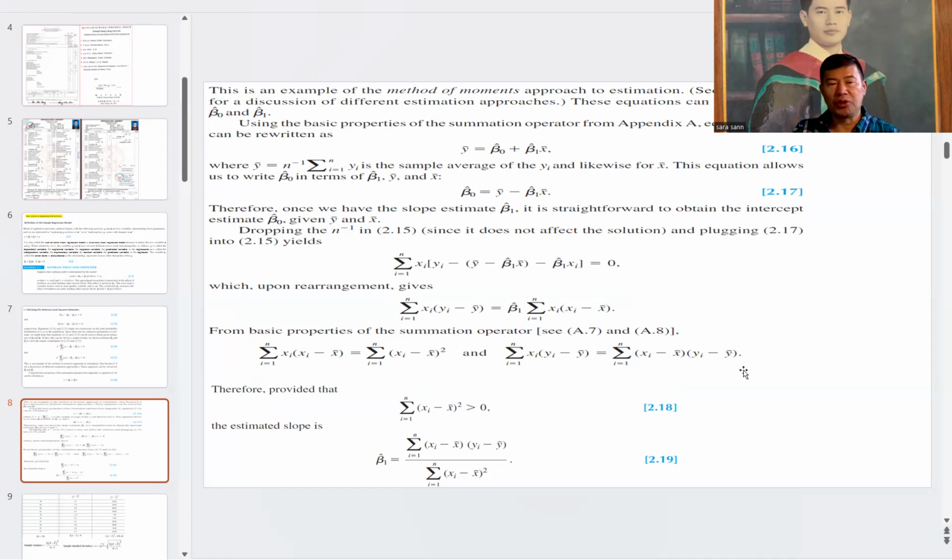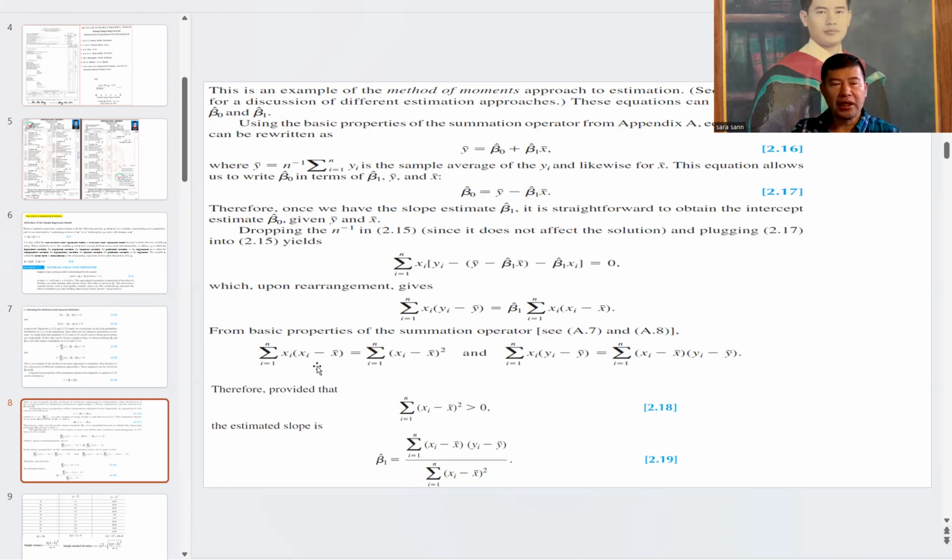That's why when we substitute into the equation on the top here, we get summation i = 1 to n of (x_i minus x bar) multiplied by (y_i minus y bar) on the top, and at the bottom we get (x_i minus x bar) squared, because summation i = 1 to n of (x_i minus x bar) equals summation i = 1 to n of (x_i minus x bar) squared.